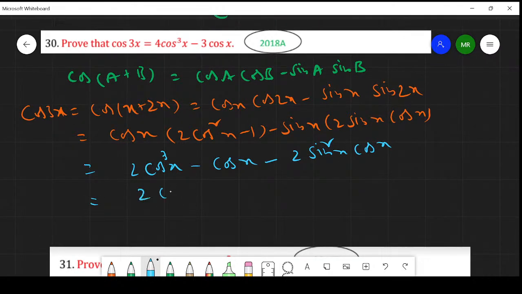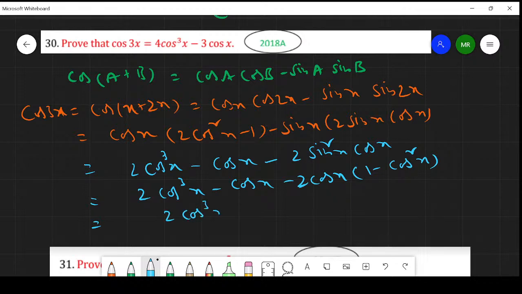So it will be 2 cos cube x minus cos x, minus 2 cos x into 1 minus cos square x. Multiply this: minus cos x minus 2 cos x plus 2 cos cube x.